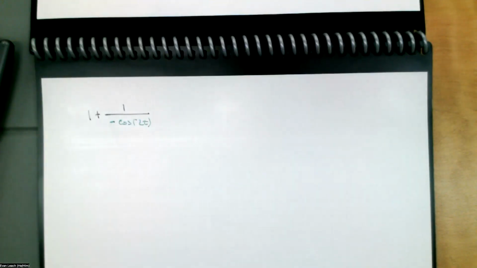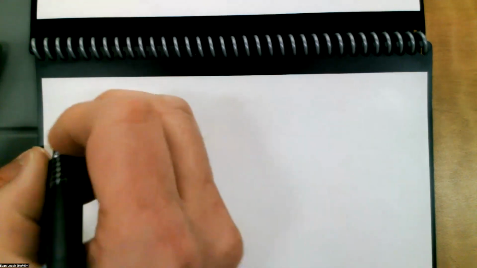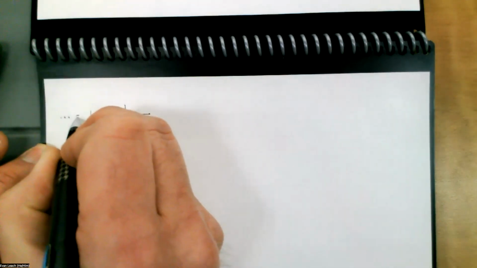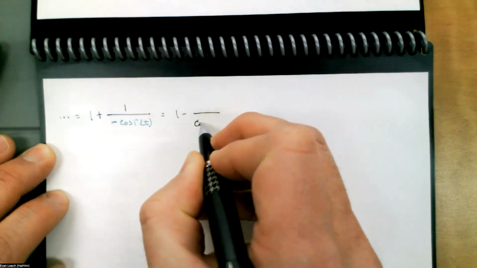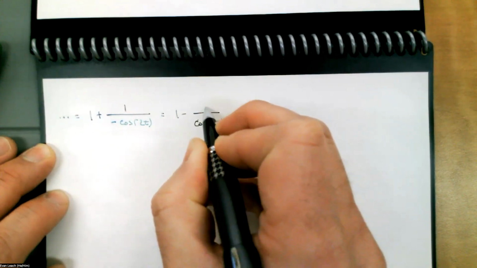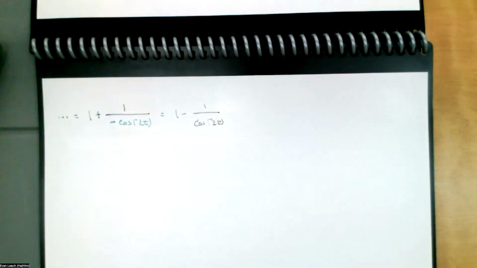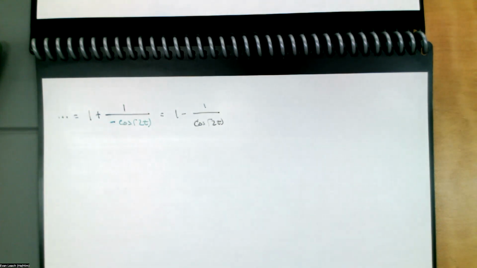So this is what our denominator looks like. This is just the denominator. It's not the whole fraction, just the denominator.